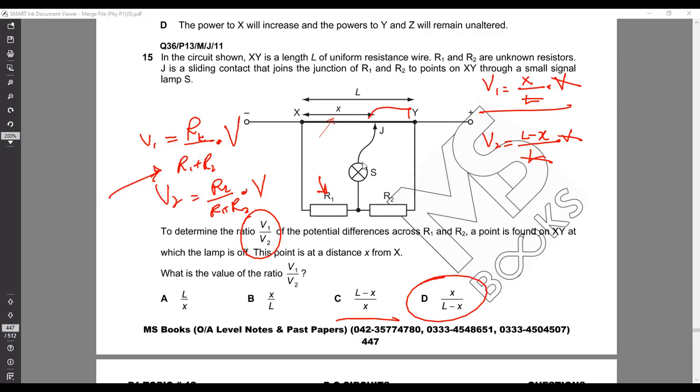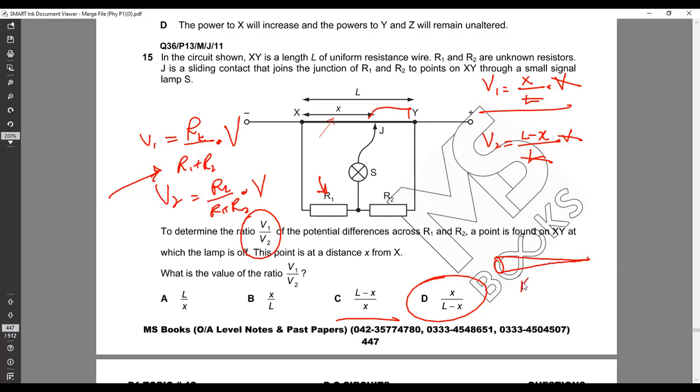Students sometimes try to generalize things. Be careful not to generalize it, because resistance is not proportional to length all the time. There are questions where they have a wire with a non-uniform radius, right?